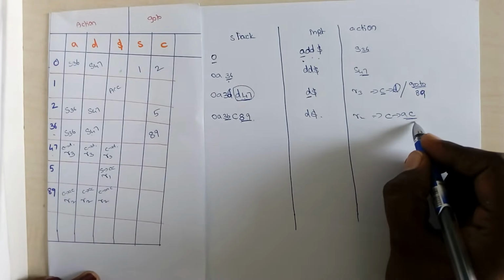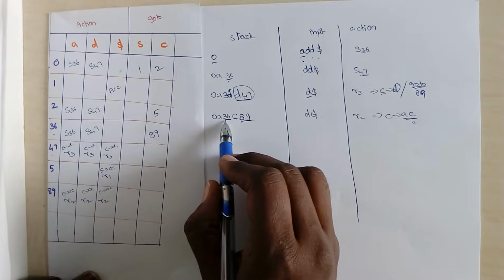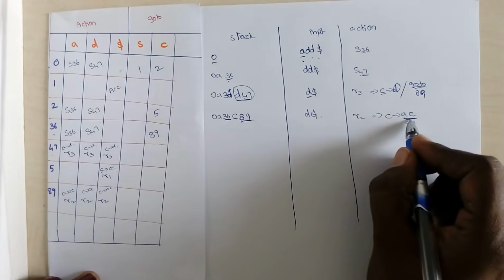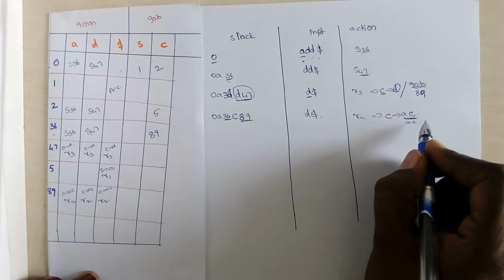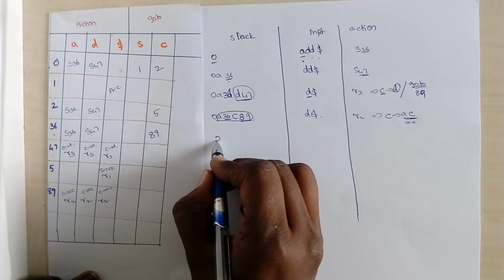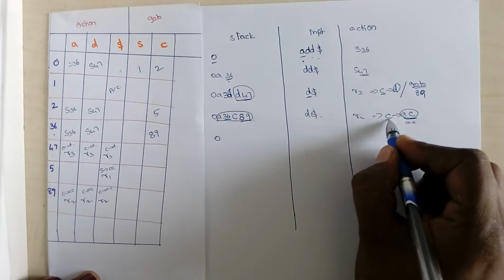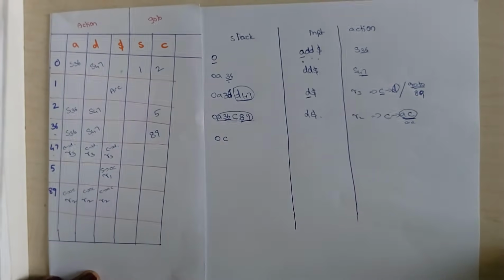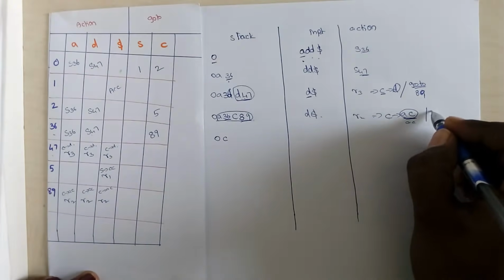Next is C, so the C matches with this, and pop out this 36. And again when you pop out this A, that A matches with this place. Okay, so we got a handle. So we pop out all these elements out of the stack, and instead of this we push this variable into the stack.